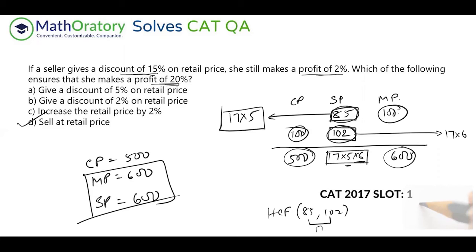Because 17 divides 85, 17 will always divide 102. If the difference divides any one of the numbers, the difference will always divide the other number. So once you know that this is 17 into 5 and the other is 17 into 6, that's it. Now you can combine the ratio. It's pretty simple. I hope that was understood.